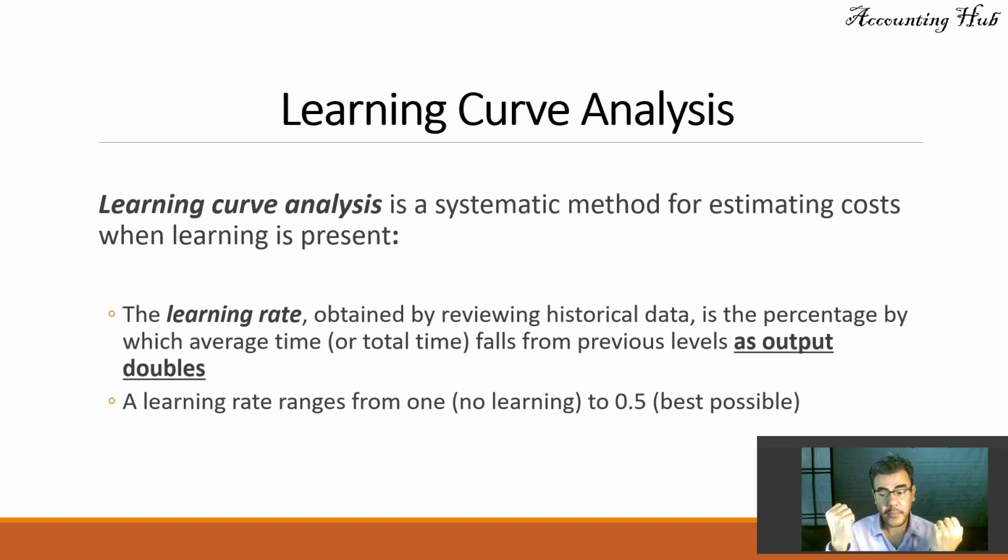So the time number two is 100% of the time number one. So no learning here. Down to 0.5 when we double. That is the best possible. If it goes below this point, that doesn't make sense because our time will go to zero, and it doesn't make sense to produce anything with zero time.